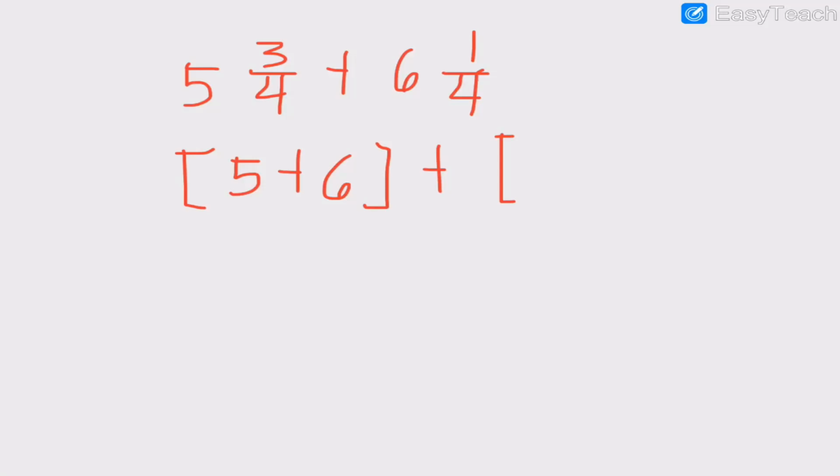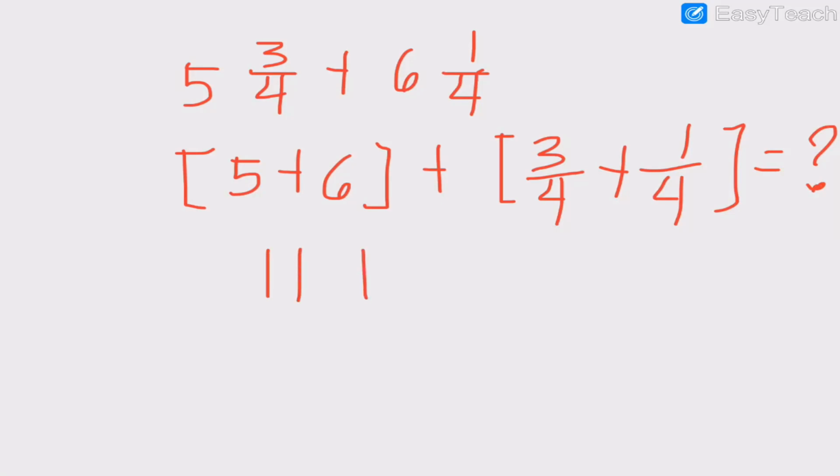This is 3/4 plus 1/4, just like the previous examples. In addition of fractions, that would be 5 plus 6 is 11, plus, since they have common denominators, we only add up the numerators. So 3 plus 1 is 4 over 4, therefore the answer is 12.